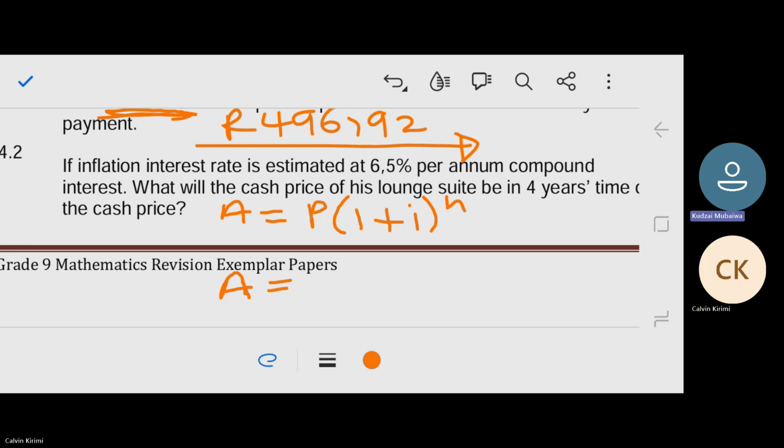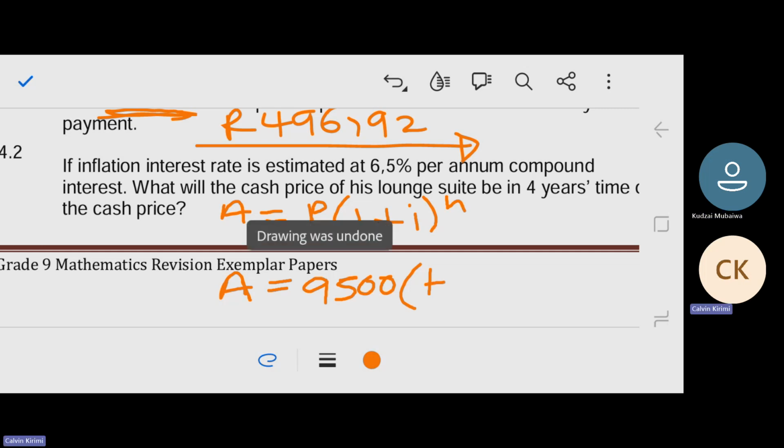The principal is what the lunch is costing now, 9,500. Then bracket 1 plus, not 0.65 but 0.065. So don't forget that 0.